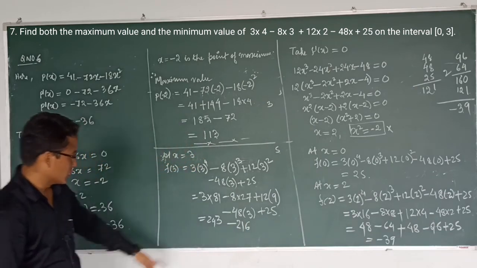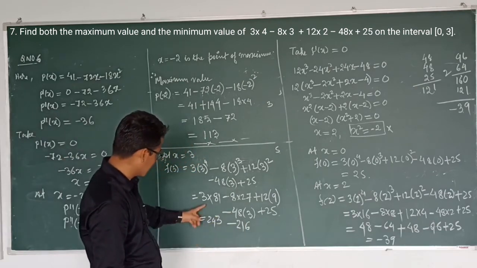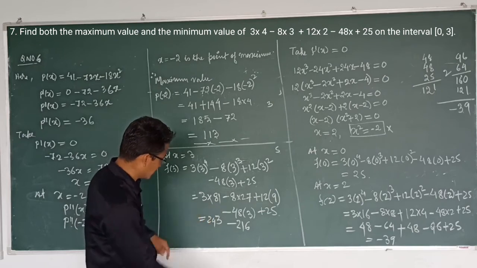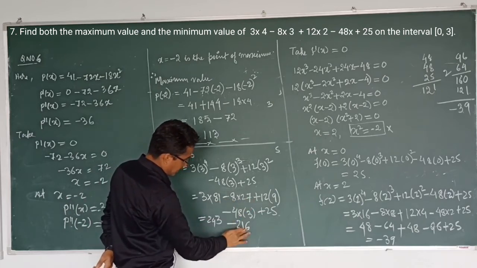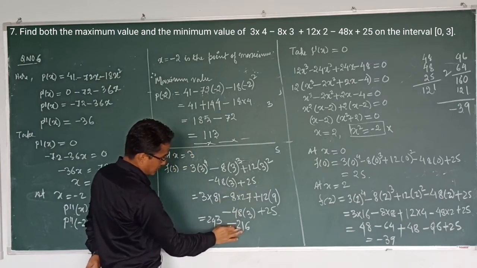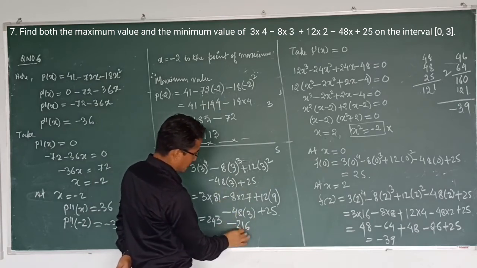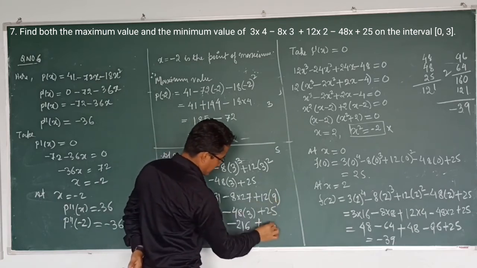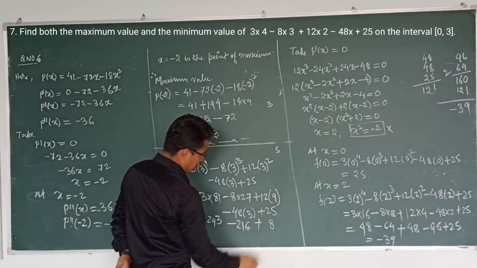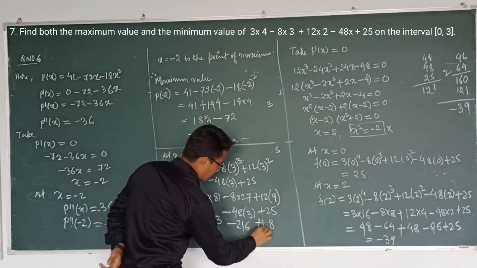Okay, so where we are doing this, 8 7s are 56, 5 carry over, 8 2s are 16, 16 plus 5 is 21, plus 12 into 9, 9 2s are 18, 9 1s are 9, 1 10.